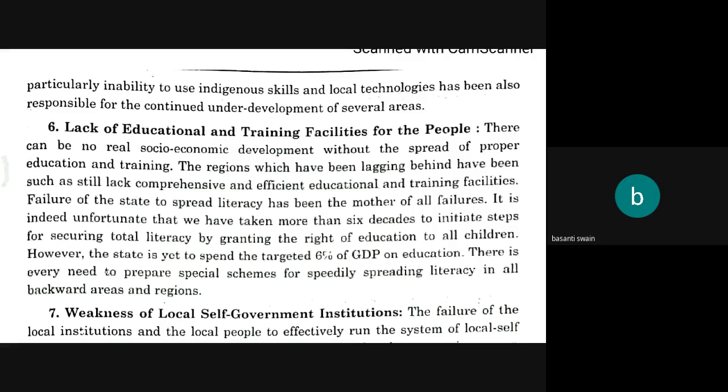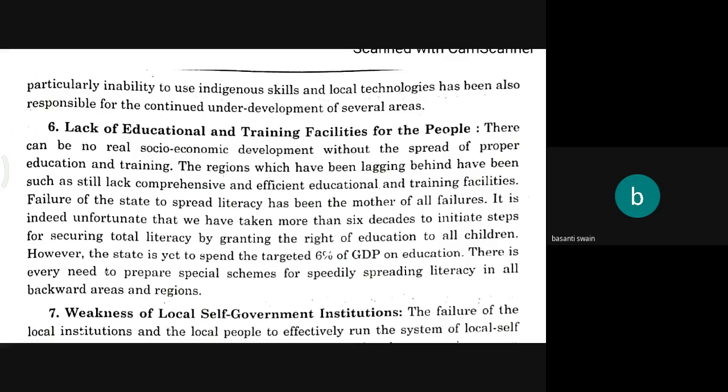So there can be no real socio-economic development without the spread of proper education and training, right? Without education and training, socio-economic development will be stopped. The regions which have been lagging behind still lack comprehensive and efficient educational and training facilities. Failure of the state to spread literacy has been the mother of all failures.